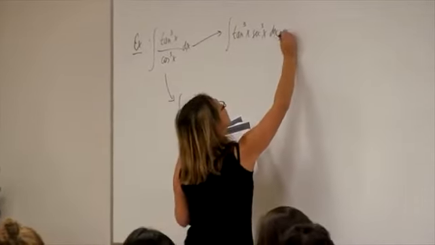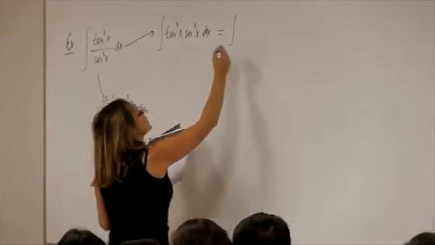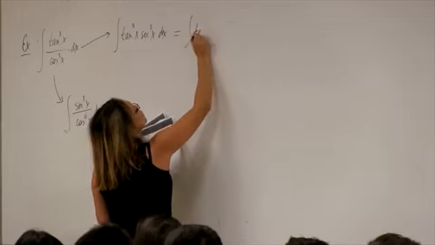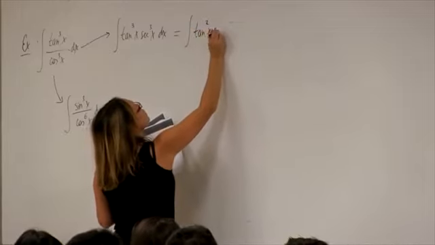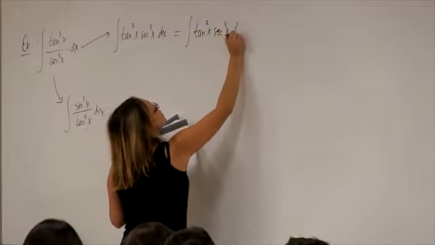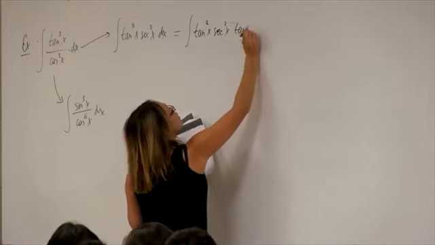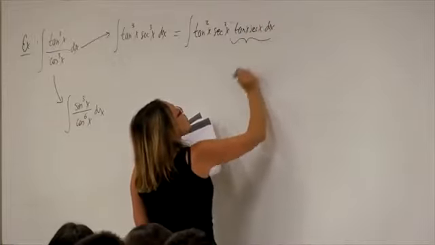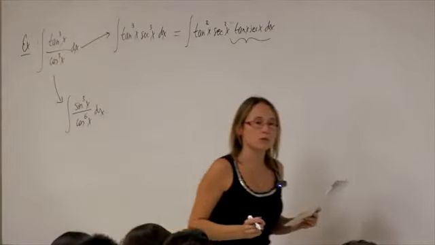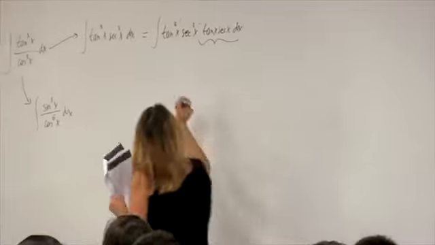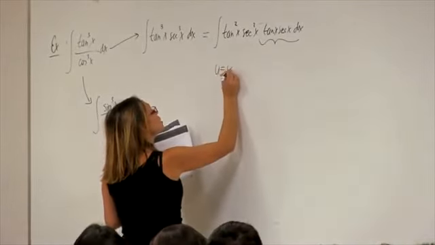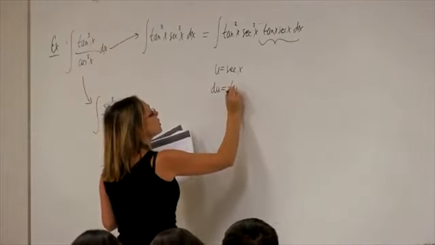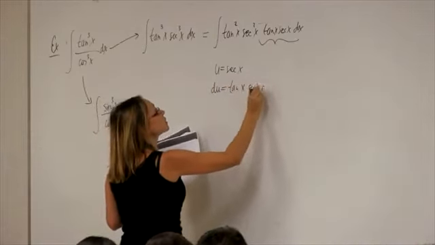So how about this one? You can see that here we can reserve 1 power of tangent, 1 power of secant. So we have tangent squared x, secant squared x, tangent x, secant x dx. So this whole thing is a derivative of a secant, which suggests that I take u equals secant x. Okay, du is tangent x secant x dx.